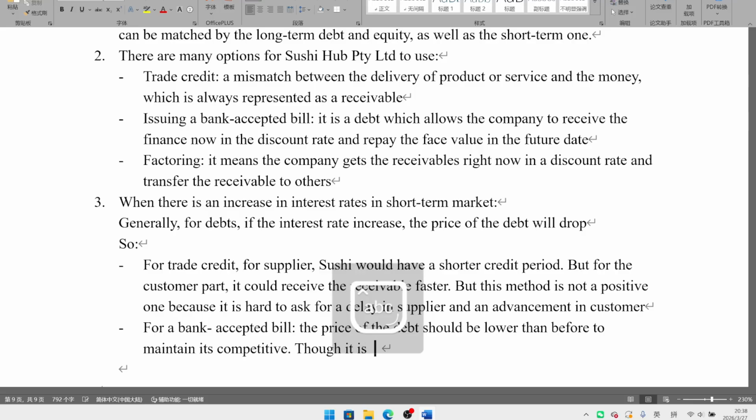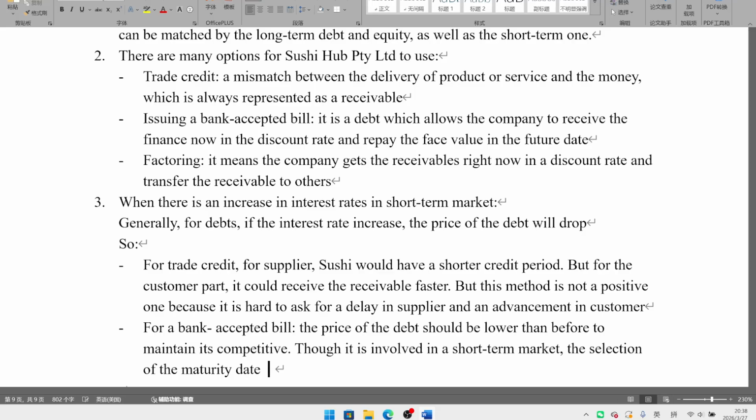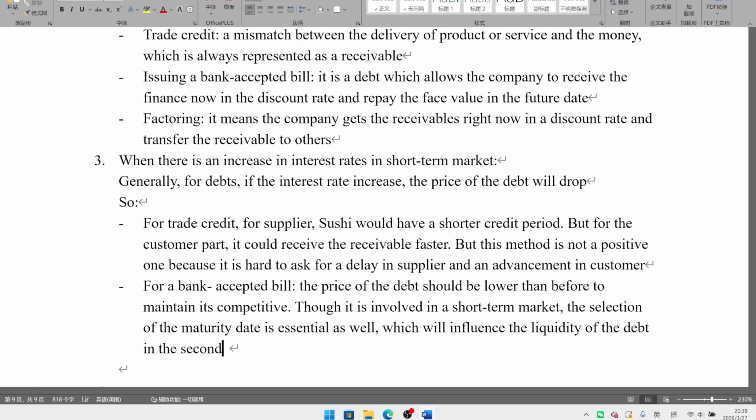Though it is involved in the short-term market, the selection of the maturity date is essential as well, which will influence the liquidity of the bill in the secondary market.